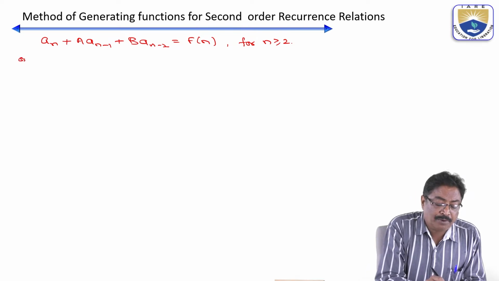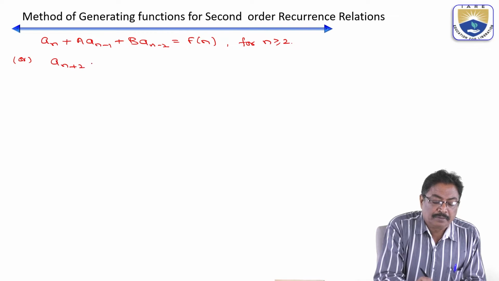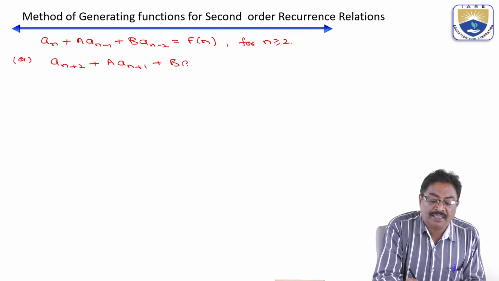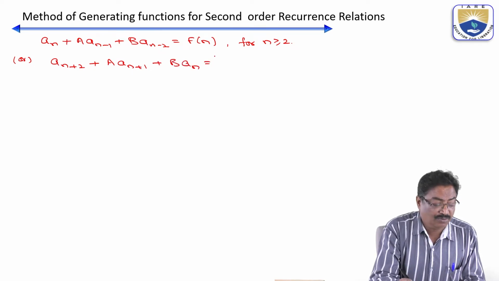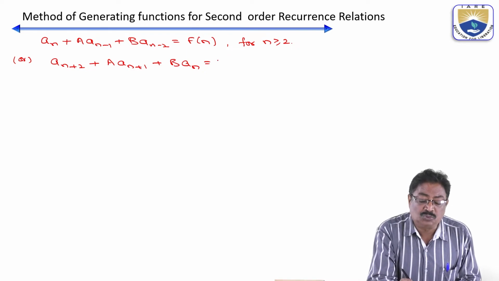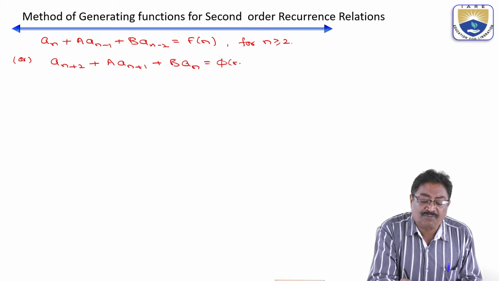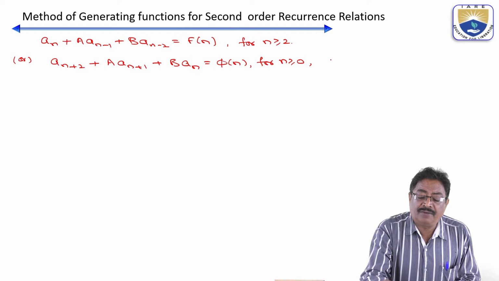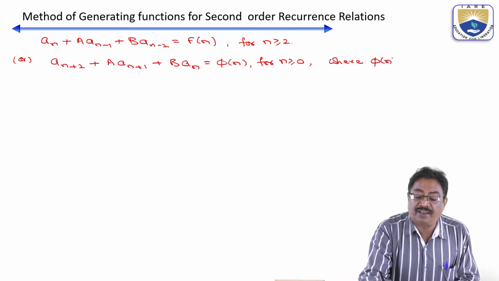Or equivalently I am going to write it as a_(n plus 2) plus a a_(n plus 1) plus b a_n is equal to f of n plus 2, that I am taking as phi of n, for n greater than or equal to 0, where phi of n is f of n plus 2.